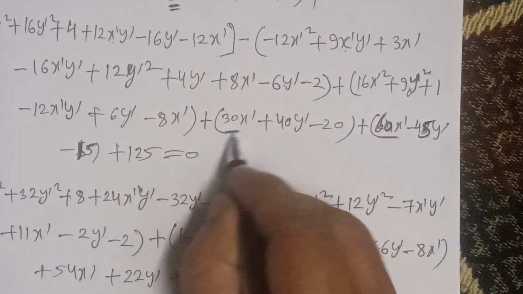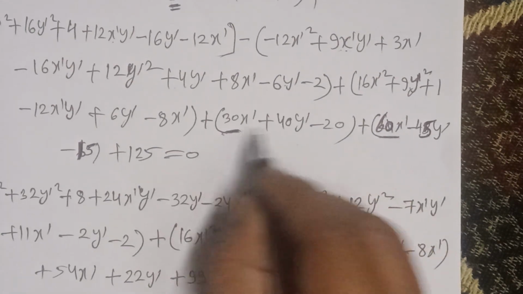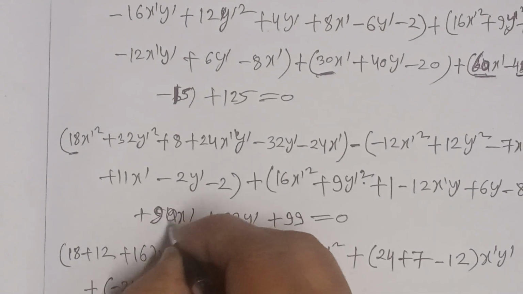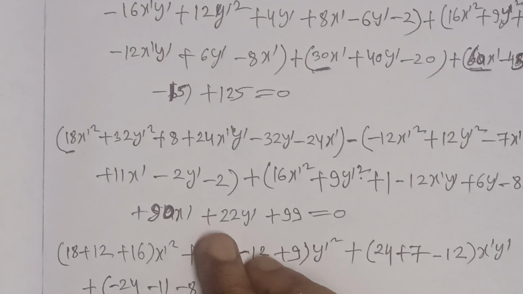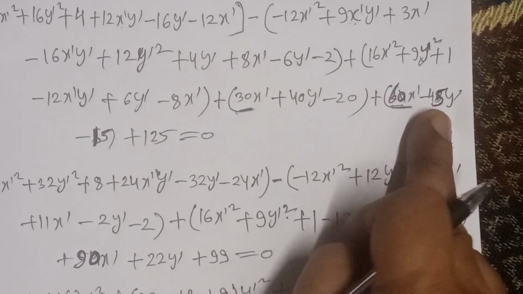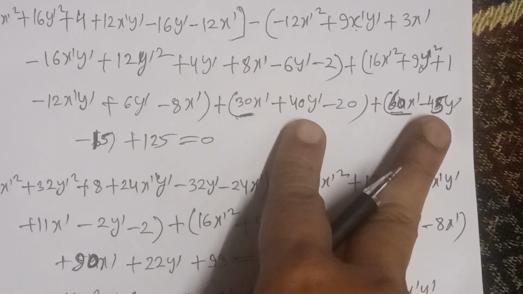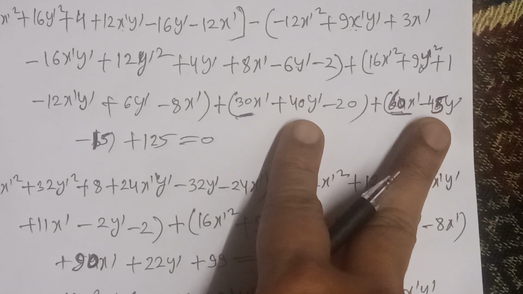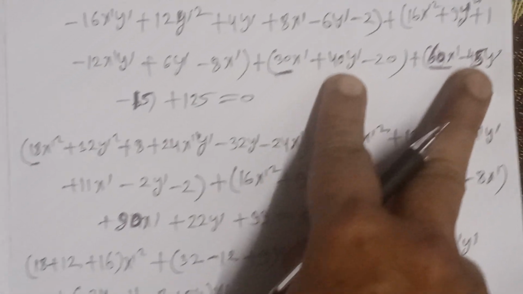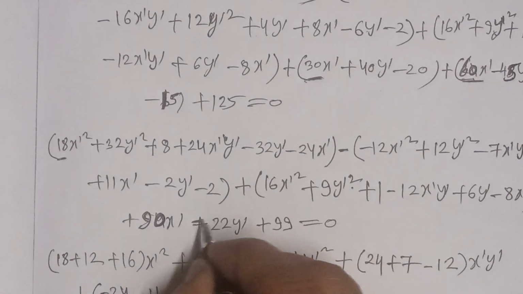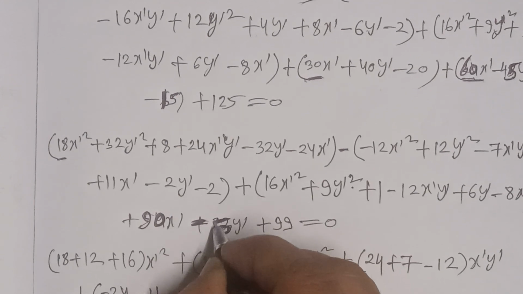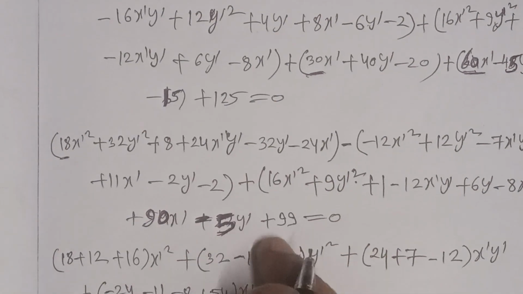Now again I correct this value by adding 30 and 60, which becomes 90. This value becomes 90, and adding these two values of y dash, we get only minus 5. So I write here minus 5. Write minus 5 here, this is minus 5, as you see.